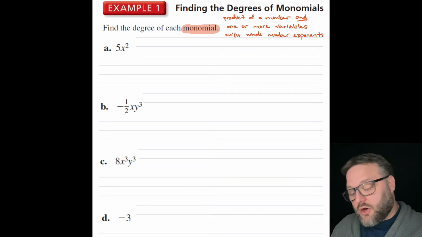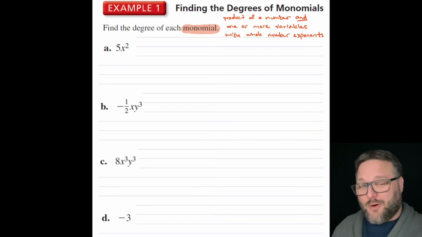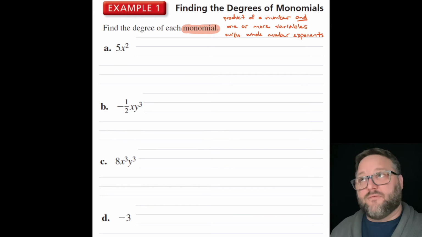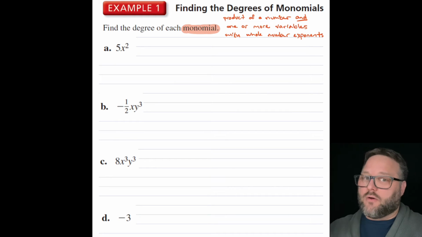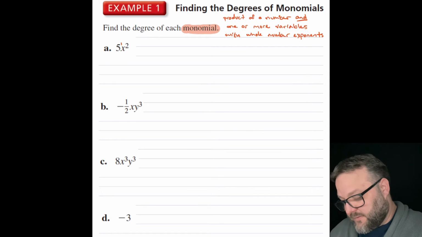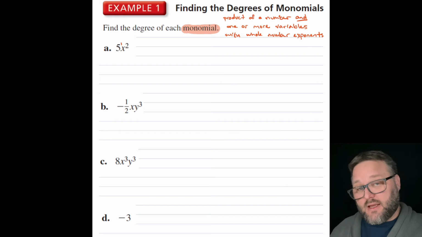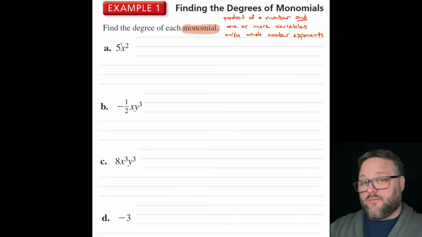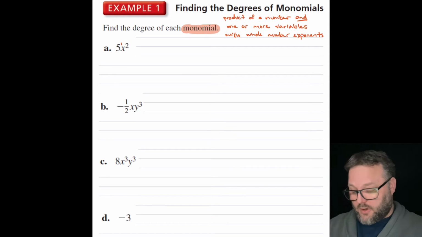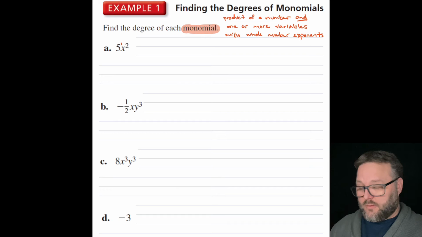Now, to know what degree that monomial is is a little bit different. What we have to do is add the exponents of our variables. What we're looking at here is 5 to the first and x to the second. If I was adding the exponents of all parts, my number and my variable, then my power or degree would be the third degree, but it's not.